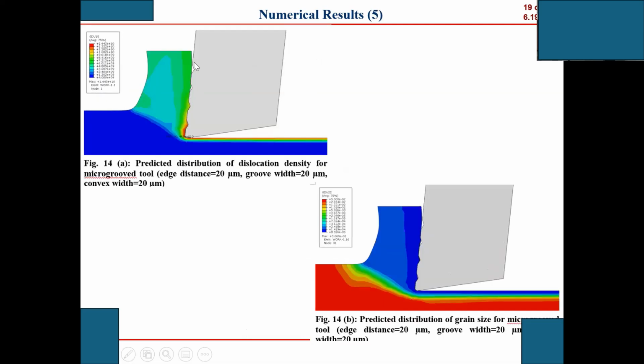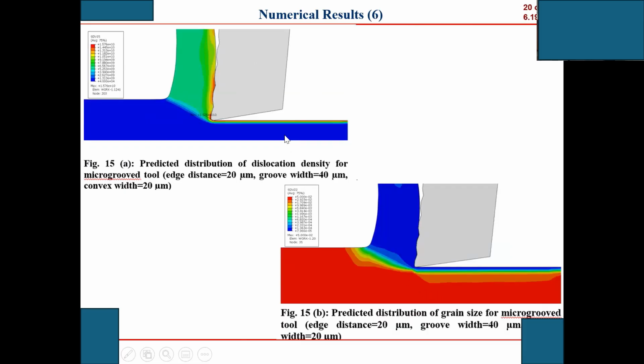Okay, here is a microgroove tool. This is the dislocation density distribution, and here is the grain size distribution for the same tool, 20, 20, 20. This is the edge distance, groove width, along with the convex width. All three values are 20 micrometers.